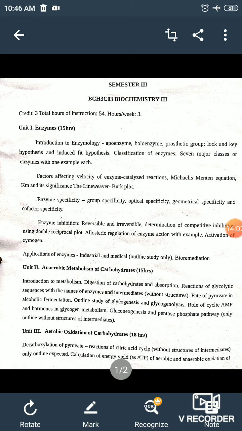So ETC will be performed only if oxygen is present. If oxygen is absent, ETC cannot happen. Because of the sluggishness in the ETC, the products of the citric acid cycle accumulate in the cell, which leads to the inhibition of the citric acid cycle. So that is why we say the citric acid cycle is an aerobic process.